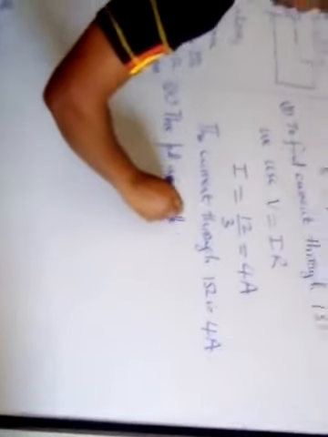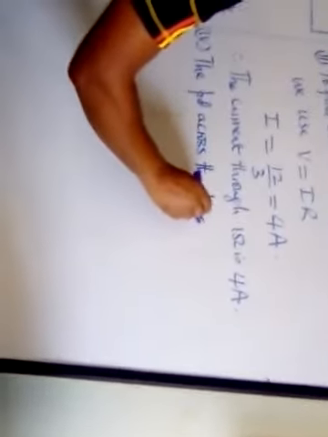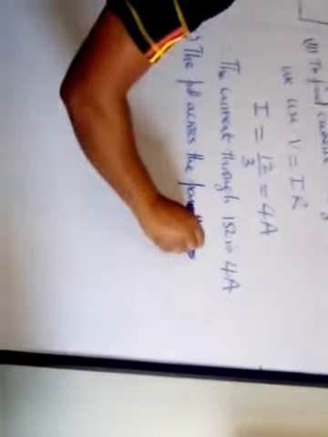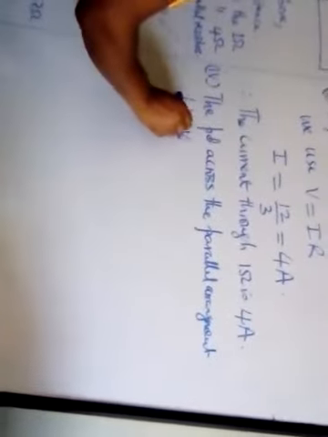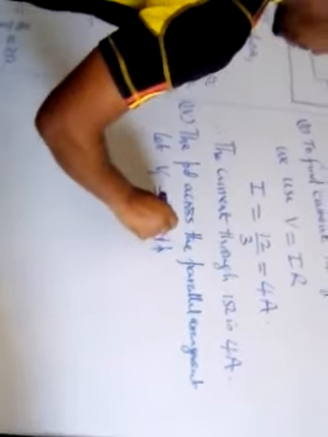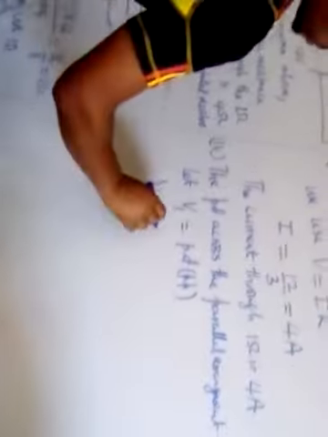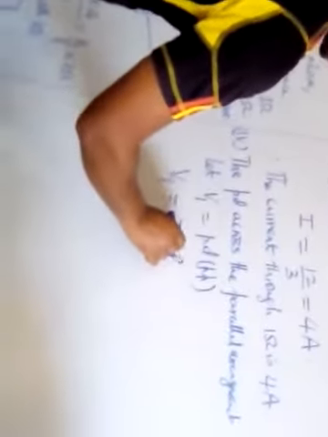But since we are able to get the effective resistance here as 2, it implies that the PD across the parallel arrangement, if we let V1 be the PD that we want across the parallel arrangement, then V1 is going to be equal to the current passing through the arrangement times the resistance R1, because R1 was the effective resistance in the parallel arrangement.